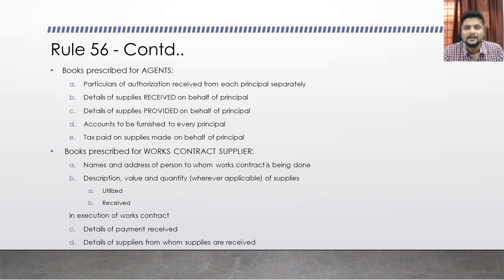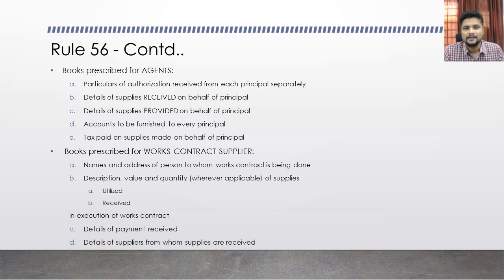One is the details of authorization received from each principal separately, because each principal authorizes the agent to undertake certain transactions. For example, if a principal enters into a contract with a certain customer, the supply related to that contract can be done through an agent. The principal will provide an authorization to the agent to supply on behalf of the principal.